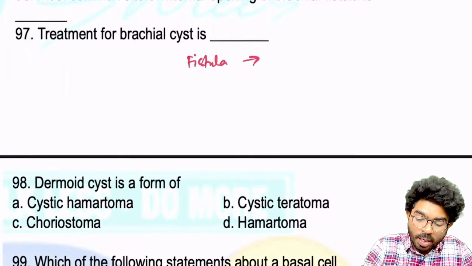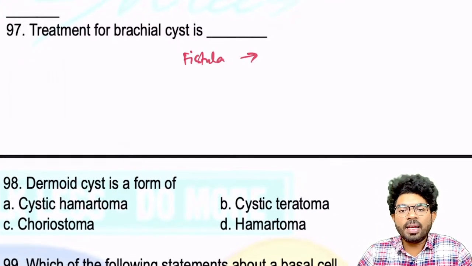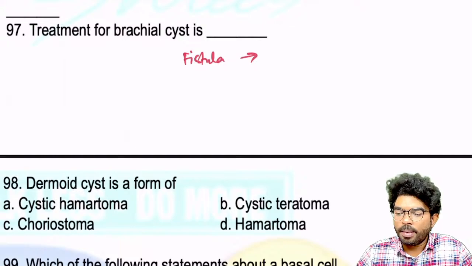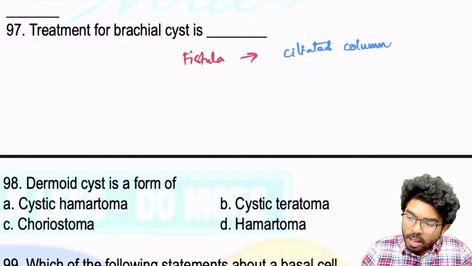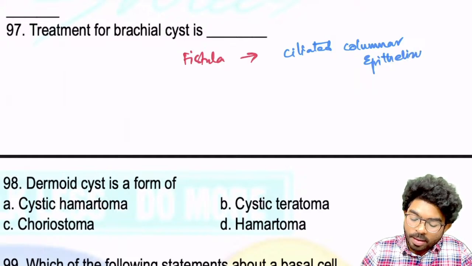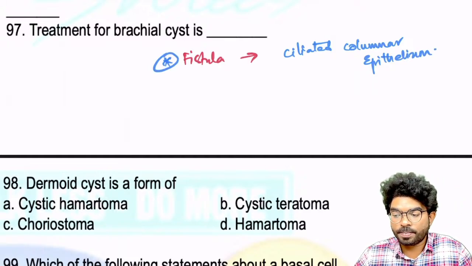They can ask you one important previous question for the medical friends: brachial fistula is lined by ciliated columnar epithelium.